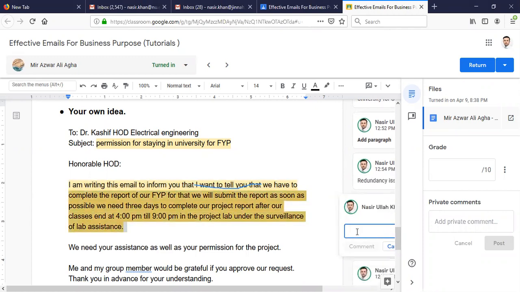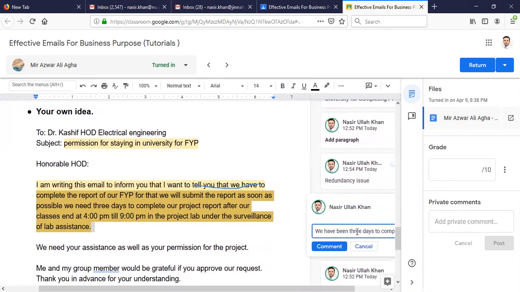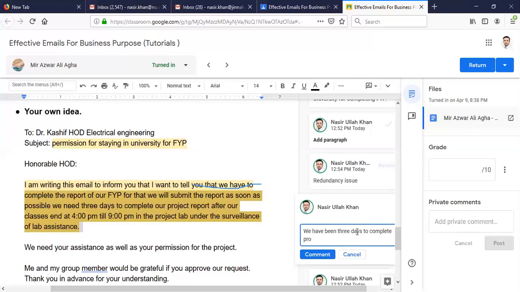How? We have to complete the report of our FYP. For that, we will submit the report as soon as possible. We need 3 days to complete our project report. It could be written this way: we have been given 3 days to complete the project report.